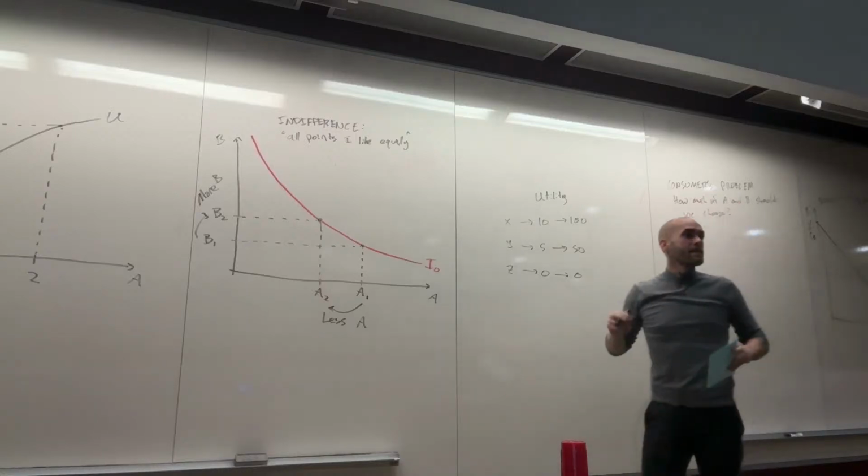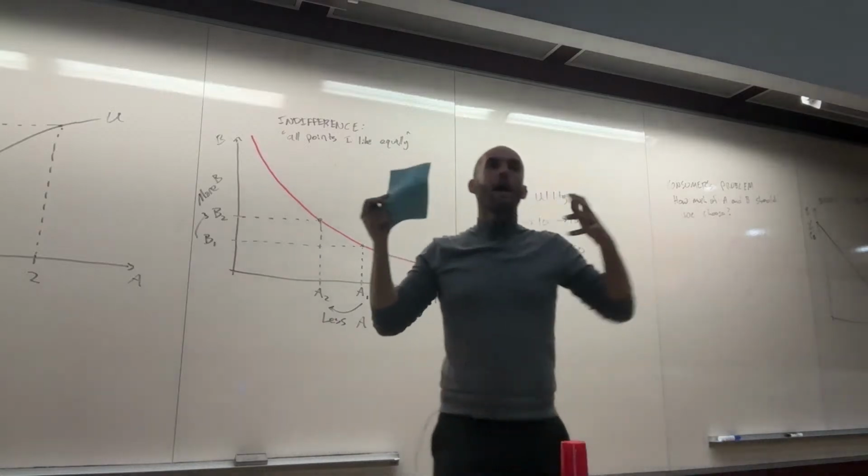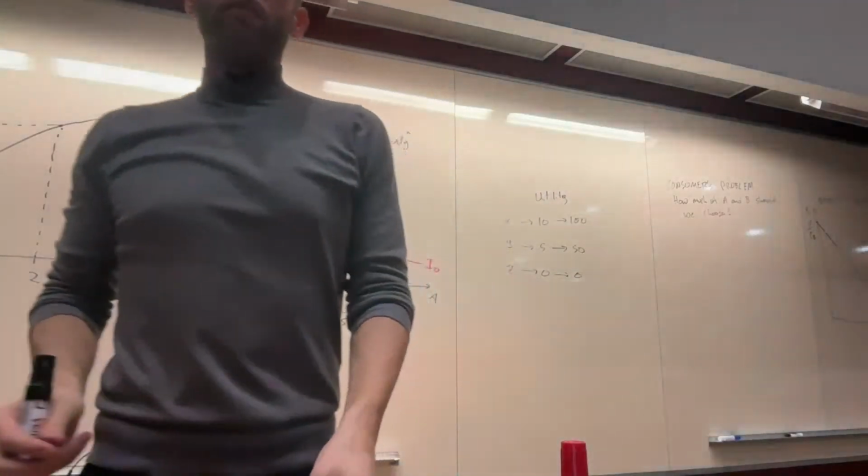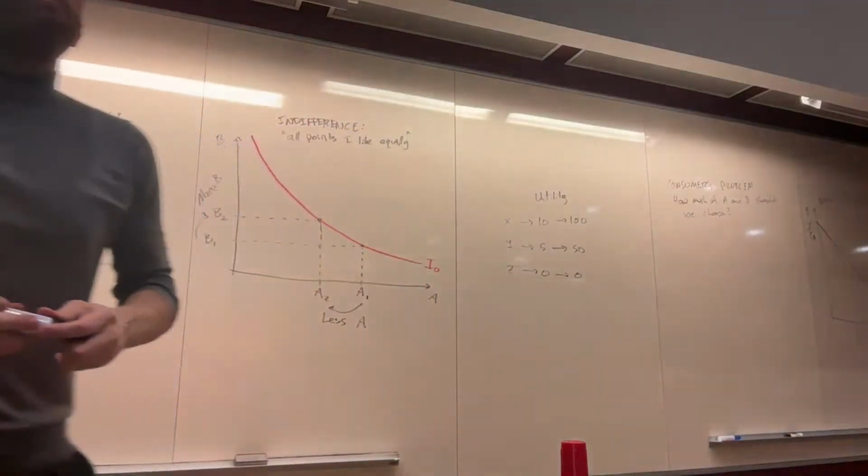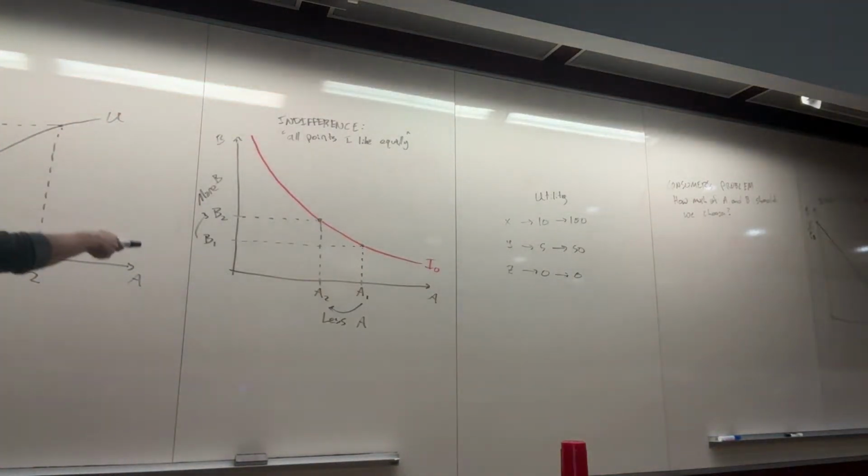We're going to formalize this, and we're going to talk about exactly how we solve this graphically. But to do that, we have to think about indifference and utility. Okay, any questions so far?